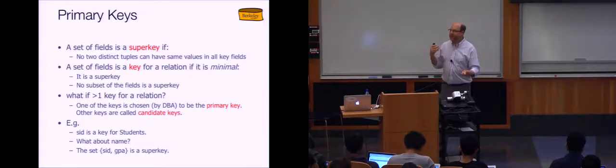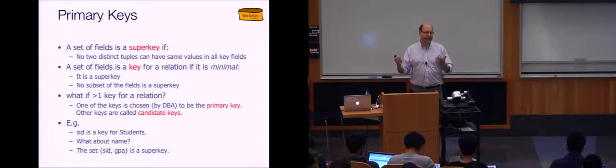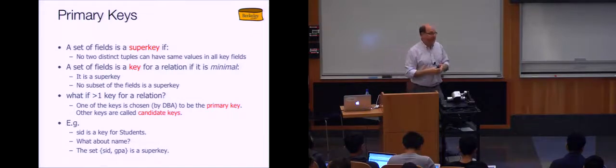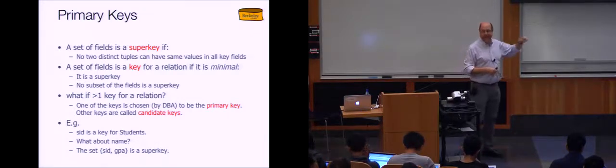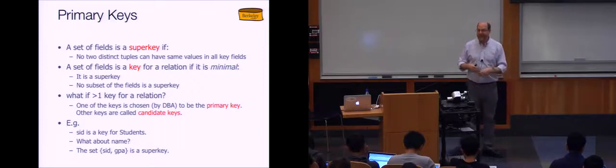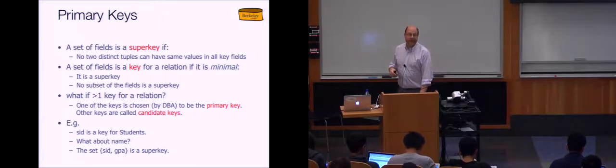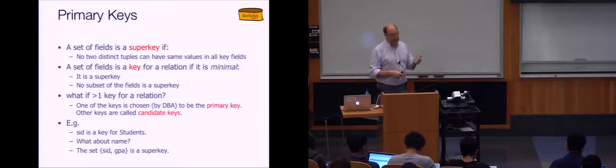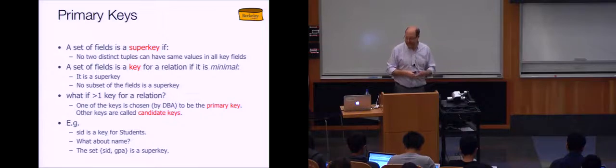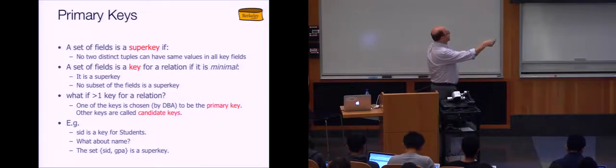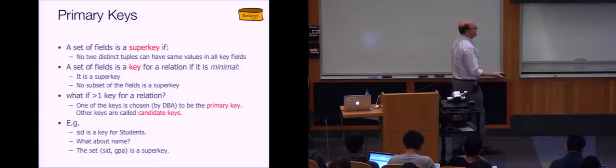So, if you had your choice between SID and DNA, you'd probably pick SID because it's a lot shorter. And if you're going to be using it as a foreign key, you're going to be storing it all over the database. But, it's up to you. You could use the DNA as a key if you wanted. Okay, so you as the database administrator pick one to be the primary key, and all the rest of them are called candidate keys.